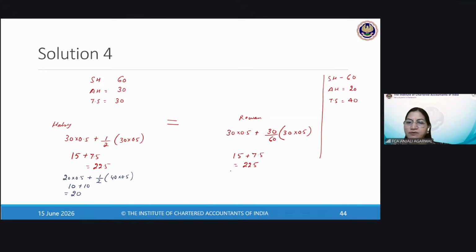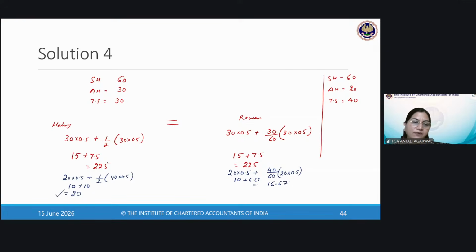What would Rowan give? 20 into 0.5, that is 10, plus time saved 40, standard time 60. So instead of half, this becomes 2 by 3. But 2 by 3 of what? 2 by 3 of just actual hours into hourly rate. 2 by 3 of 10, which is 6.67. So Rowan gives 16.67.